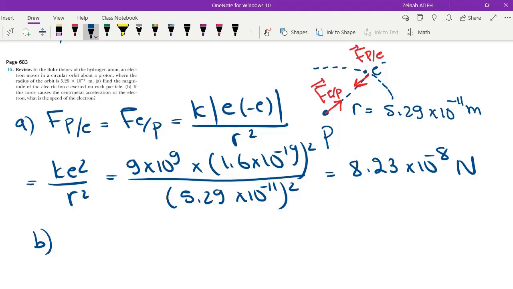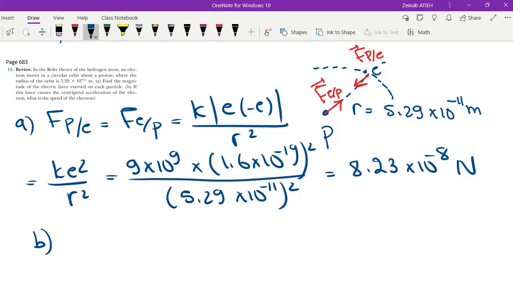The mass of the electron is approximately 9 times 10 to the power minus 31, so it's very small. Even if I multiply it by g, the gravitational force is much smaller than the electric force, so it can be neglected. So I only have one force acting on the electron, which is the electric force. This force, as you can see, is a radial force, a centripetal force, there is no other.